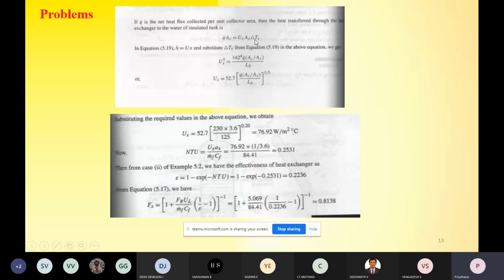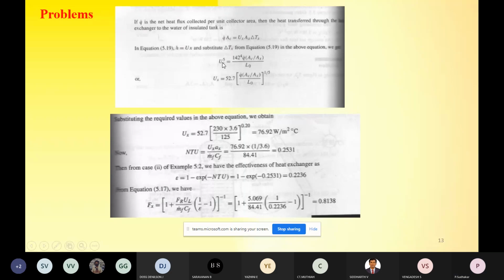When you substitute this equation in equation 5.19, taking Ux on one side, H is equal to Ux there.